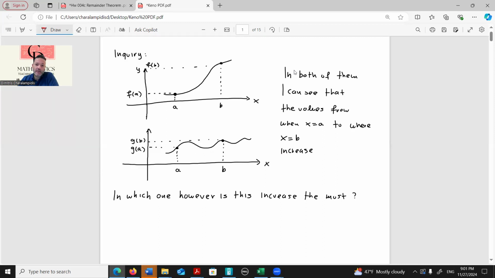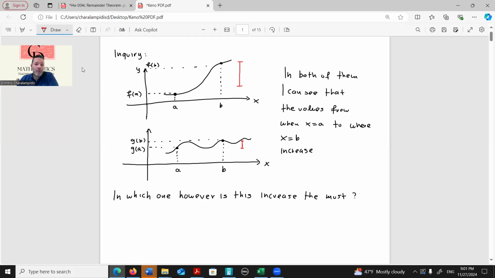We can see that here, the values of f had to cover all this distance, while in the graph of g, they had to cover simply that. So yes, we would answer this question that in f, it seems that the increase was bigger.